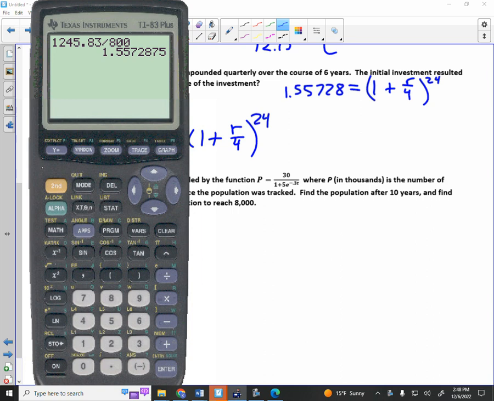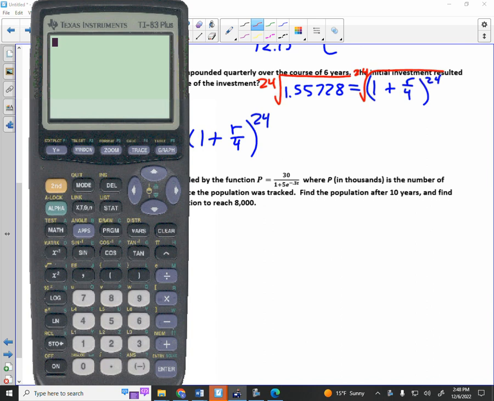How do I get rid of the power of 24? The 24th root. If it was this thing squared, you would take the square root of both sides. It's the 24th power, so we have to take the 24th root of both sides. Which seems ridiculous because you've never done it before, but this is exactly where you use that.